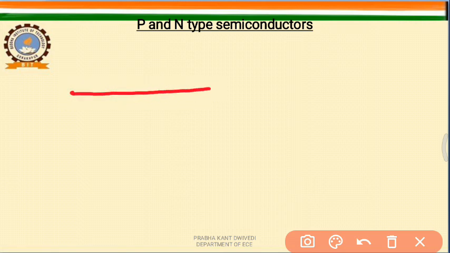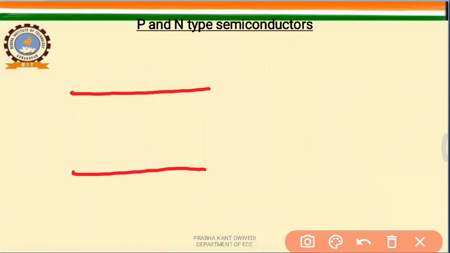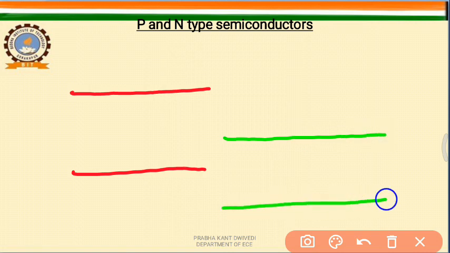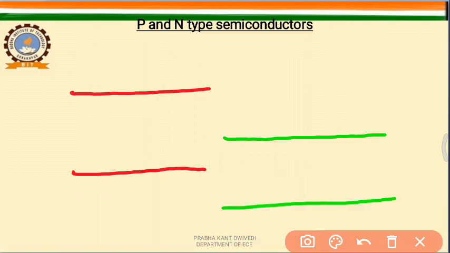Here is the p-type semiconductor. Here is the n-type semiconductor, and the Fermi energy level will become common like this.